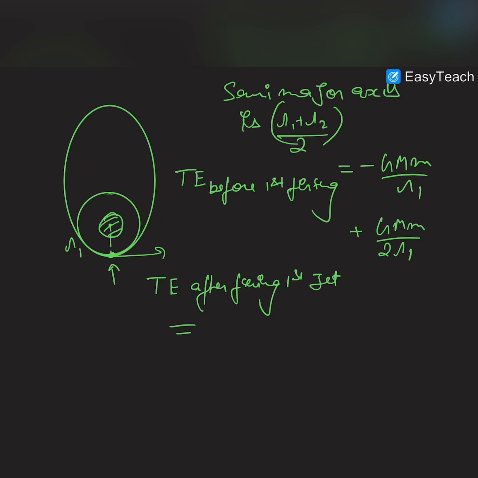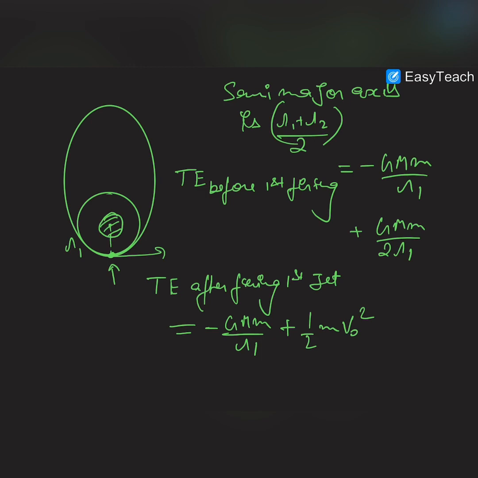The total energy would be the sum of potential plus kinetic, but the potential would still remain the same, because potential depends only on the distance of the satellite from the center of the planet, which is again the same in this case. So potential would be minus G M m by r1 plus the new kinetic energy, half m v square, or let's suppose v0. This is the new kinetic energy.